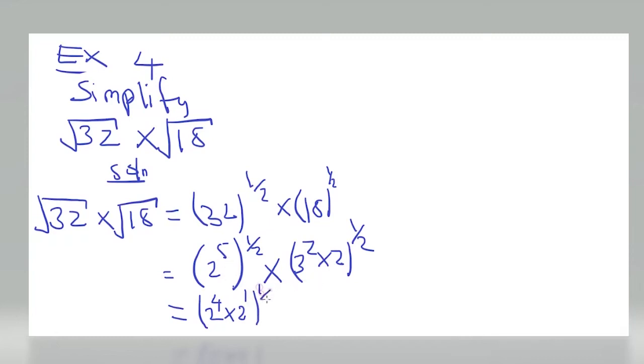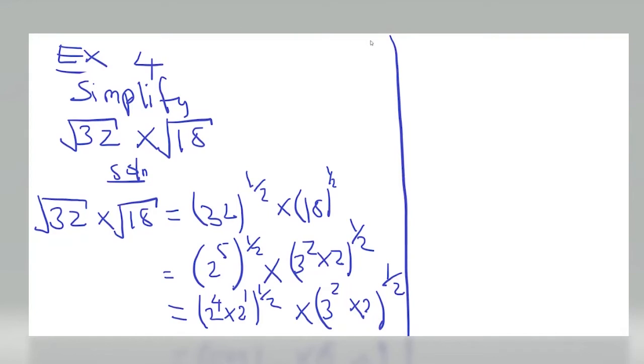Then this one times 3. Maybe here also I can split it in that way. I overlooked this part. Now 3 squared times 2, then outside is a half.